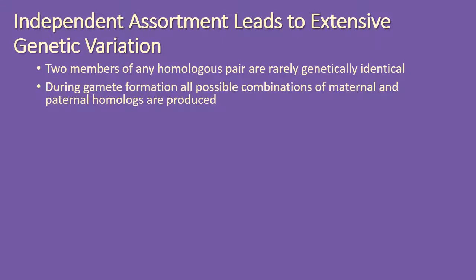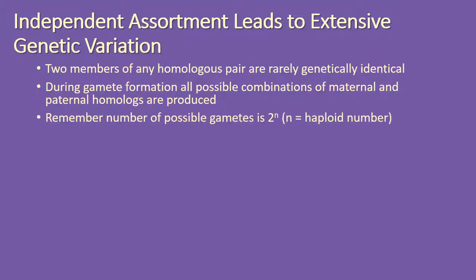So when, in that individual offspring, their gametes are formed, those gametes are going to be very different from one another. And during gamete formation, all possible combinations of maternal and paternal homologs are produced.